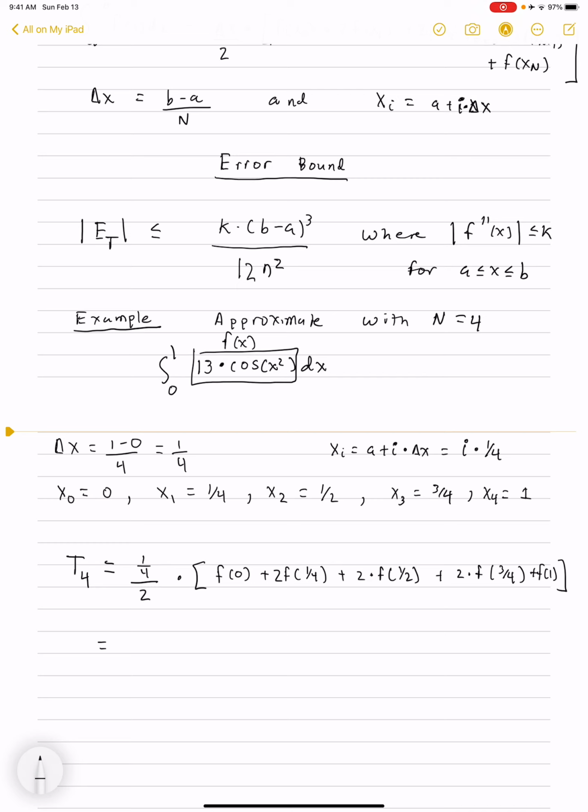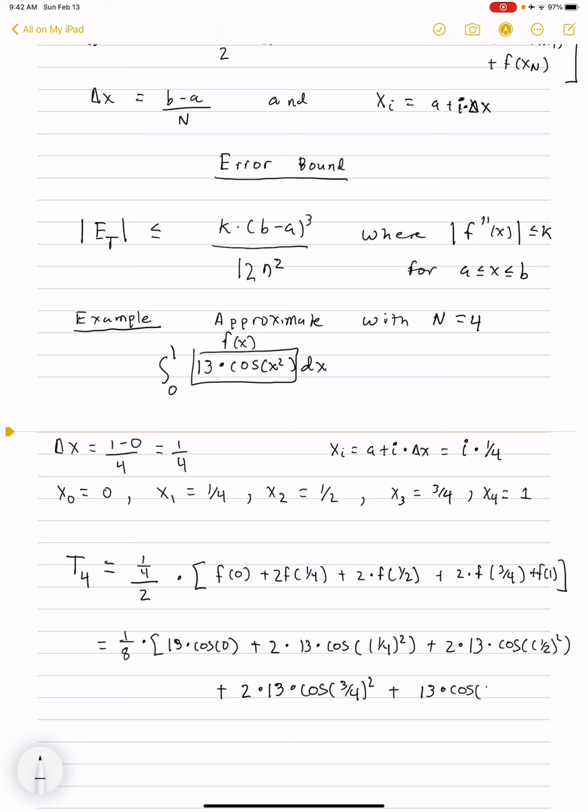So this is going to wind up being 1/8 times 13 times the cosine of 0 plus 2 times 13 times cosine of 1/4 squared plus 2 times 13 times cosine of 1/2 squared plus 2 times 13 times cosine of 3/4 squared plus just a single 13 times cosine of 1.